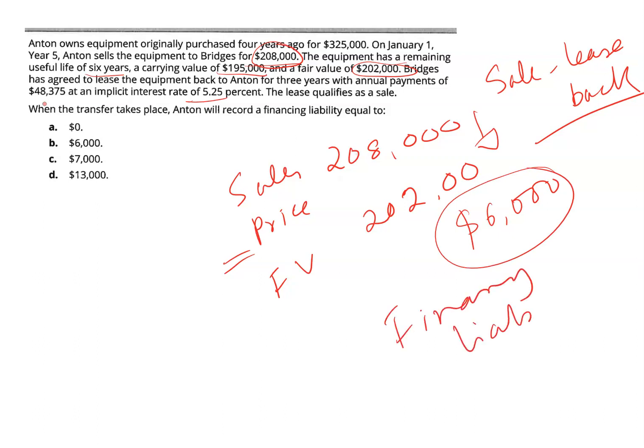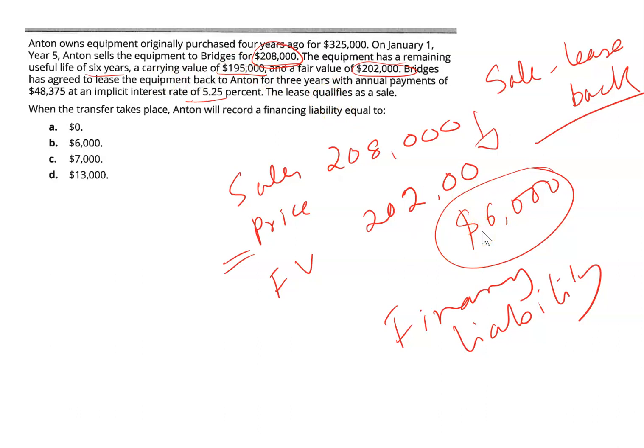And we also know that the cash received will be the sales price, but this sales price will not be compared to the carrying value. Rather, we have to deduct this $6,000 before calculating the gain.